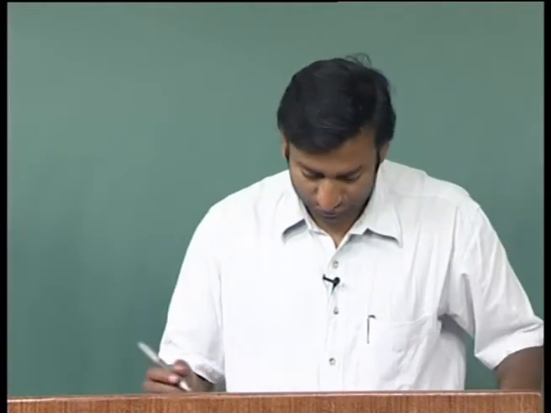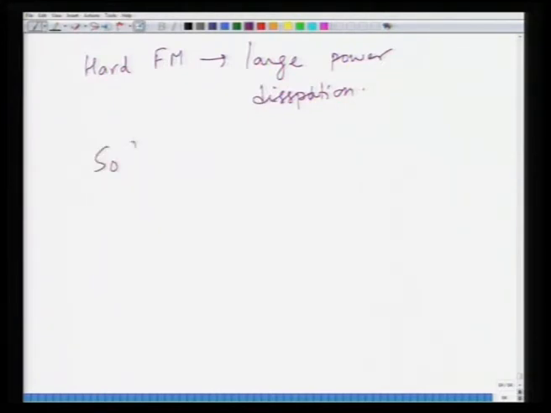So, in general, hard ferromagnets have larger power dissipation, and soft magnets with small Hc and reasonably large Mr tend to be used in cases where the losses, the power dissipation, must be smaller.